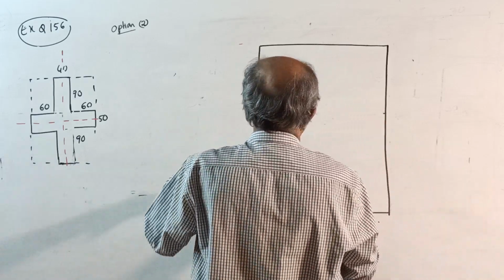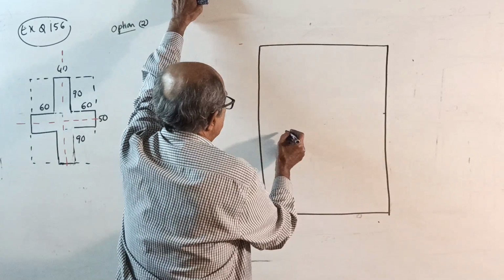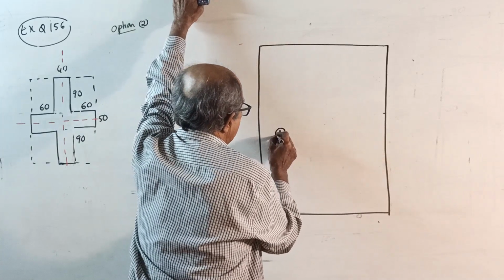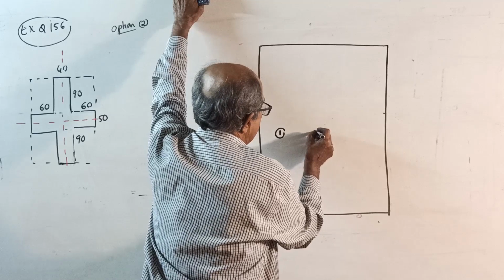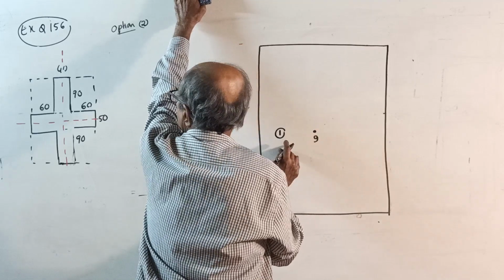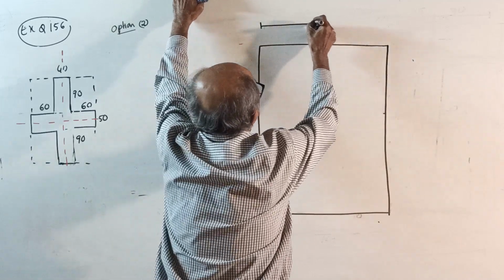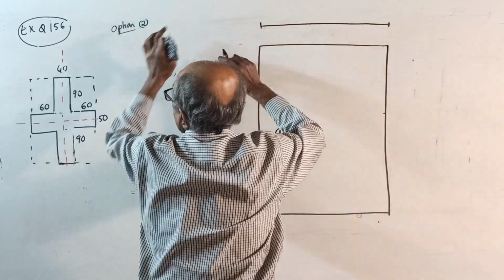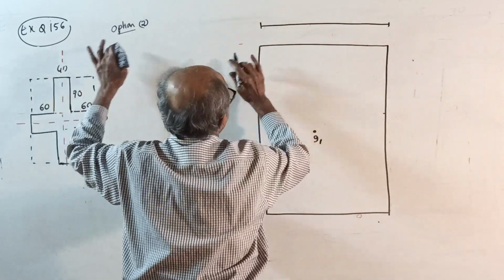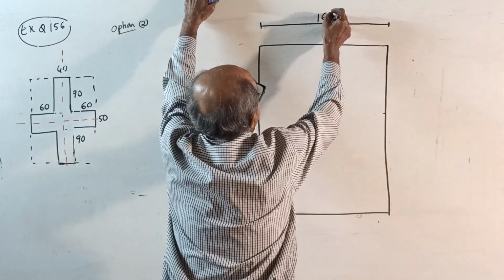Okay. This is my rectangle number 1. Its centroid is here. Okay, G1. Now, this is how much? 60 plus 60 plus 40 is 160.